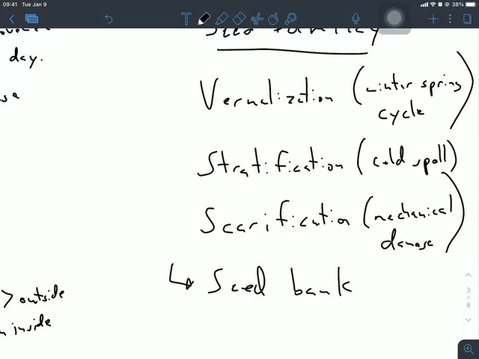Some of them are stashed for different years because they are not perceiving a sufficient amount of cold or a sufficient amount of water in order to break their dormancy. This allows plants to stagger their growth. So that way, all the seeds don't germinate during one year that happens to be a bad year. They instead have some seeds banked for the future when that bad year may be skipped over.